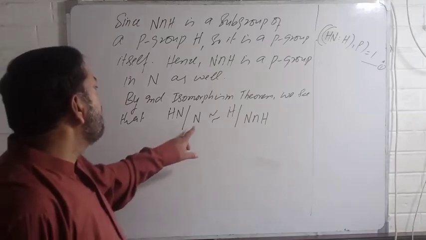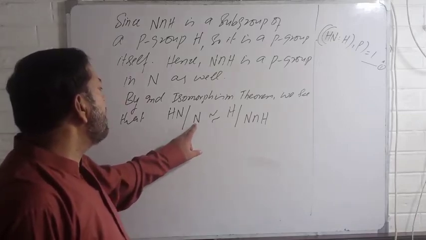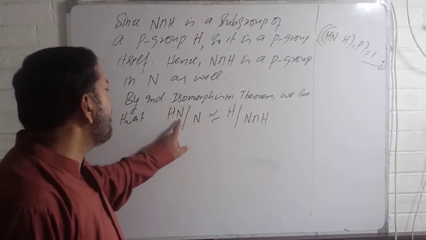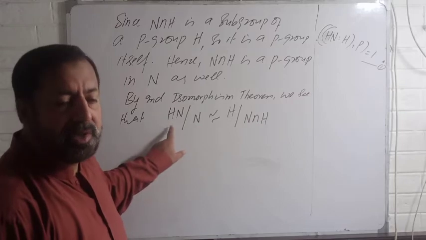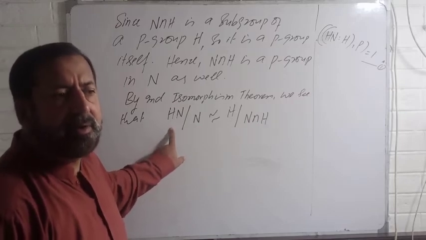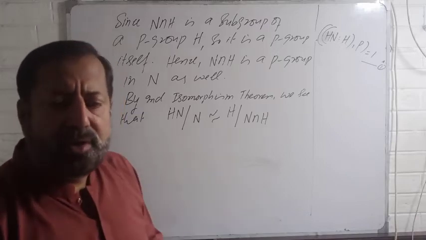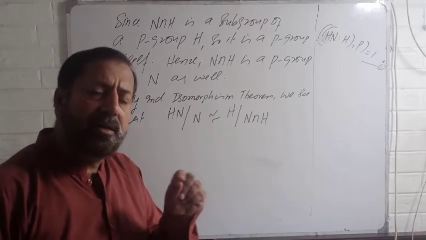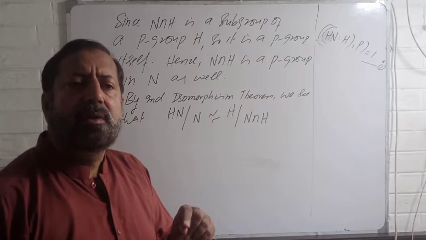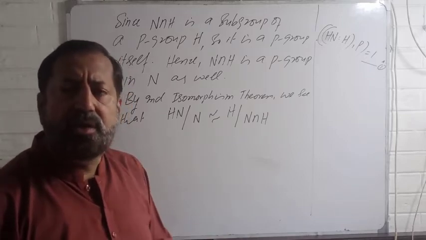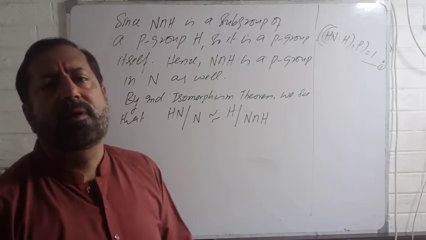For this, you see that since N is normal in G and N is contained in HN, N must be normal in HN as well. We have shown in group 3.1 that if N is normal in G and N is a subgroup of any subgroup K of G, then N must be normal in K as well.